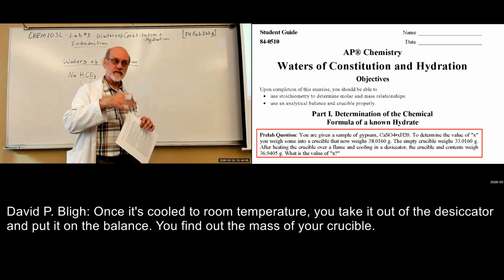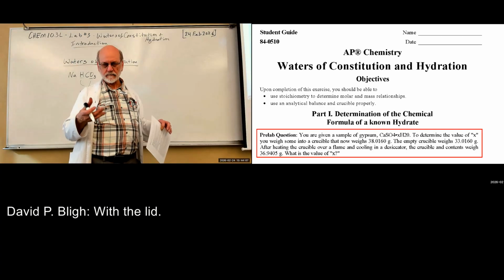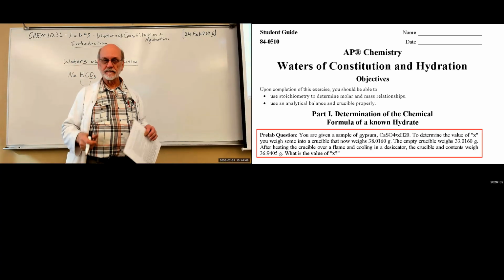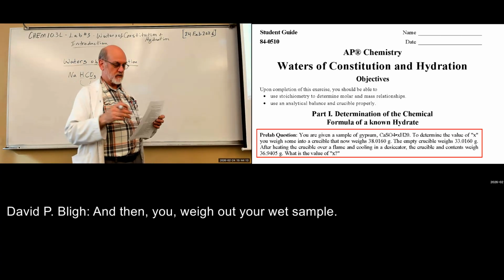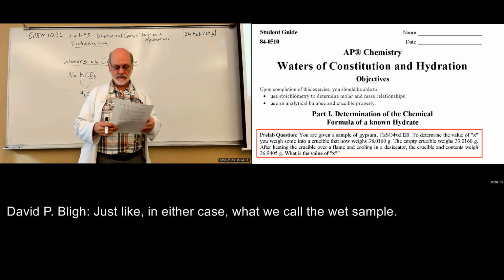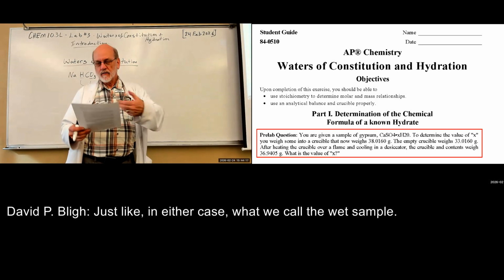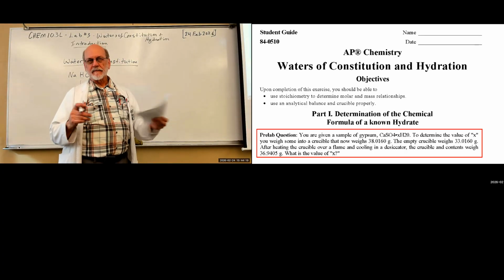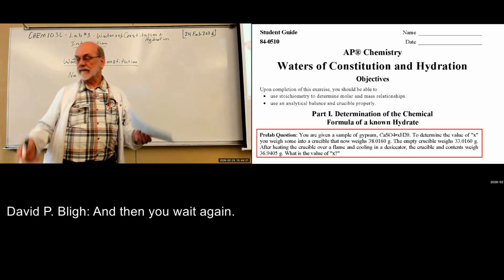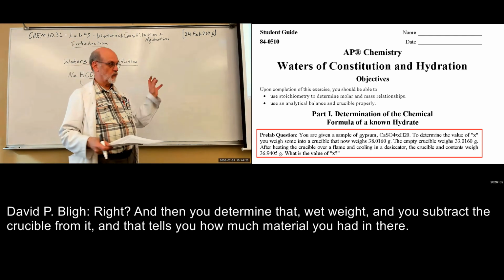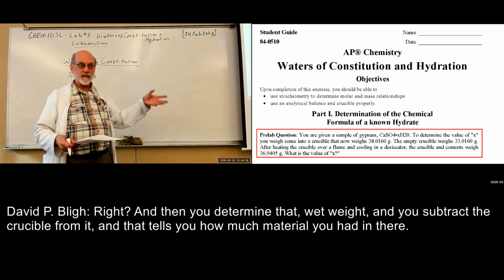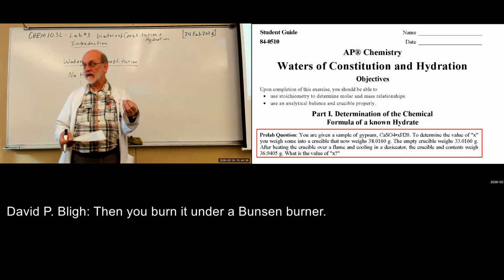You find out the mass of your crucible with the lid. And then you weigh out your wet sample, just like in either case, what we call the wet sample. And then you weigh it again. Right? And then you determine that wet weight, and you subtract the crucible from it, and that tells you how much material you have in there.